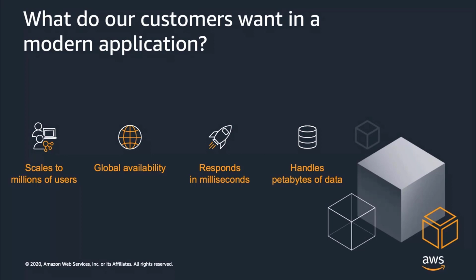They need to scale quickly to potentially millions of users, have global availability, manage petabytes, if not exabytes of data, and respond in milliseconds. These types of applications are what we call modern applications. They cover use cases such as web and mobile backends, IoT applications, AI and ML workloads, batch processing, platform as a service solutions, microservices backends, and much more.